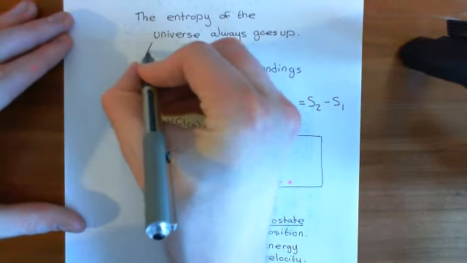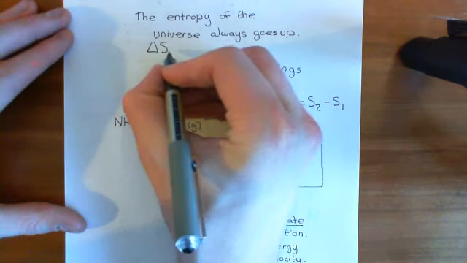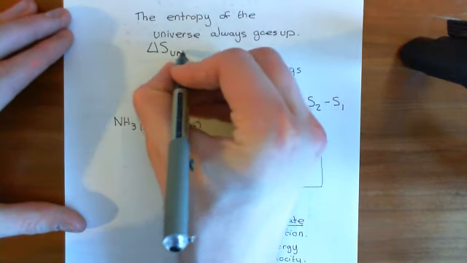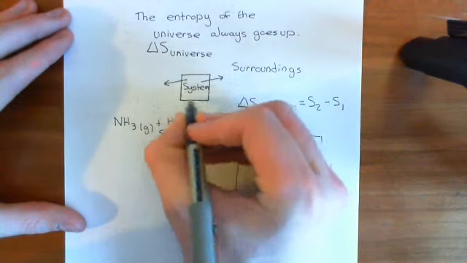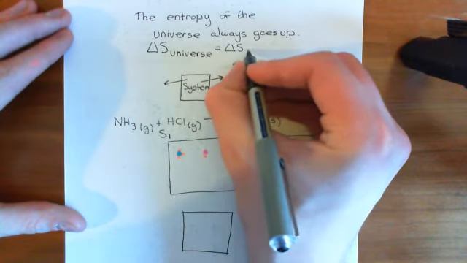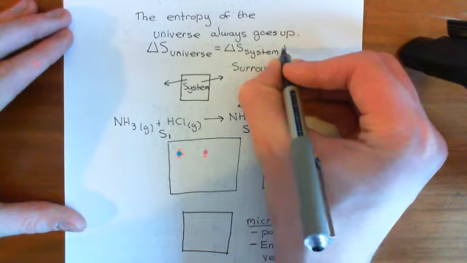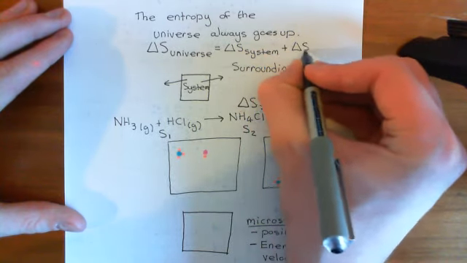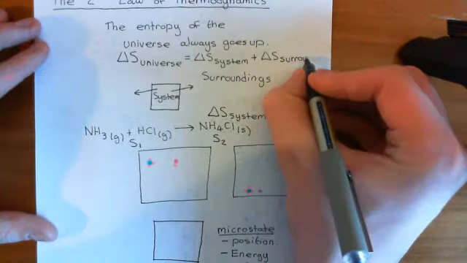So basically, when you take into account the change in entropy of the universe, you need to work out the change in entropy of the system. Okay, so it's going to be equal to the change in entropy of the system, and you're also going to have to take into account the change in entropy of the surroundings. Okay, so here's surroundings.